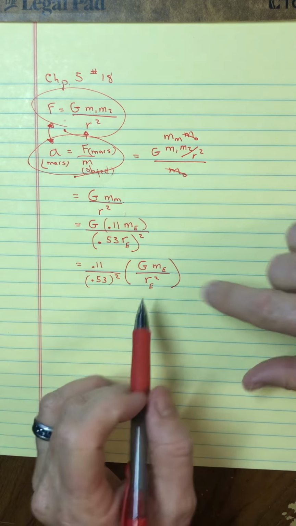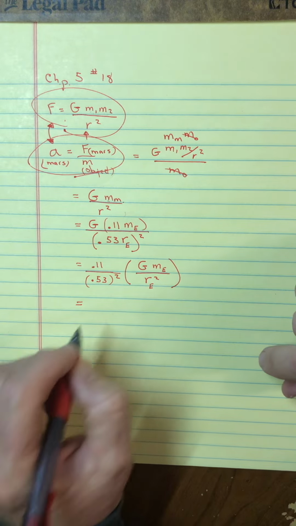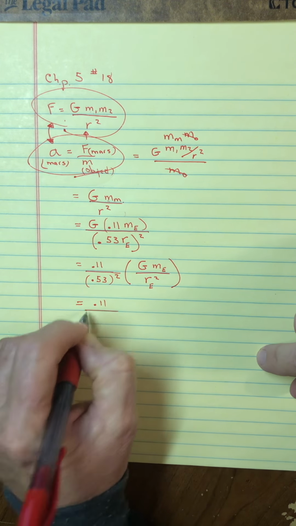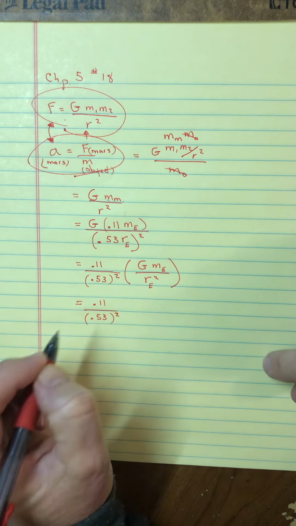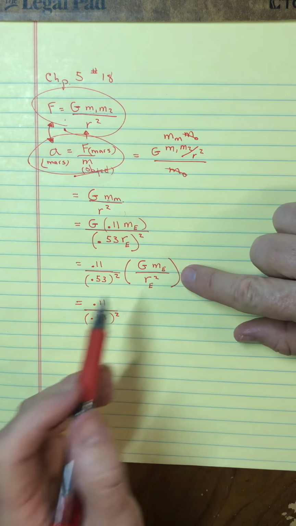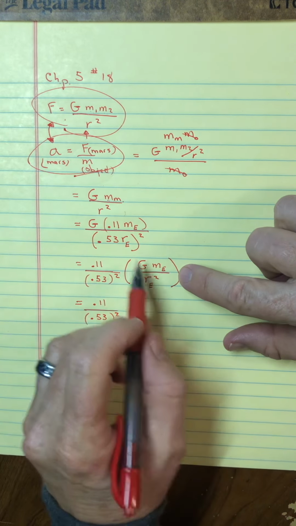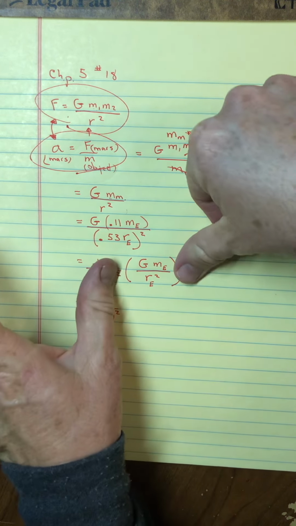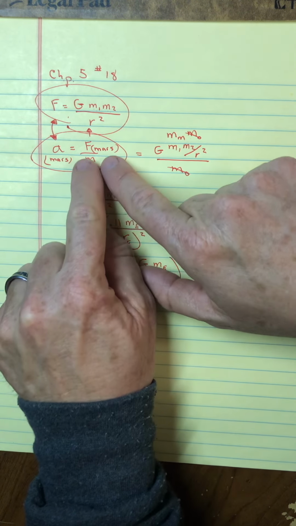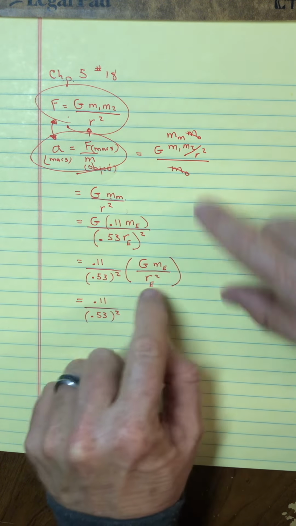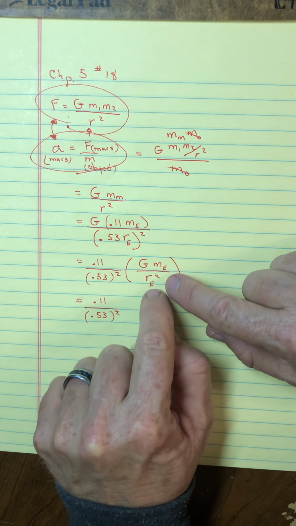And I wouldn't say that's much of an advantage, but I'm going to take it even one more step, that I'm hoping some of you see coming. I don't even need to look these up. I say that because if you just focus on this right here, ignore the numbers out in front, just that, and you go back to what we said back here about acceleration, you would just have the capital G and one of the masses and the radius of that planet.